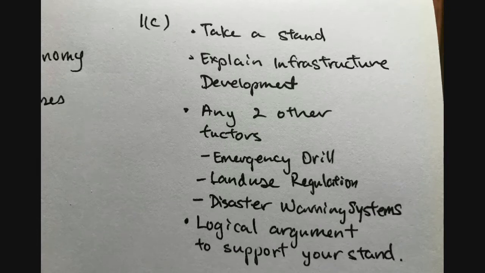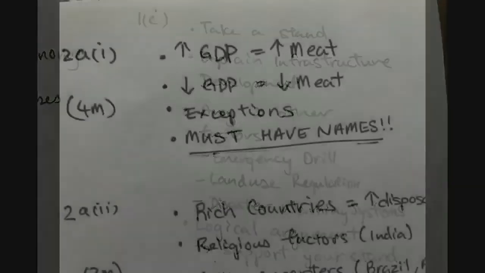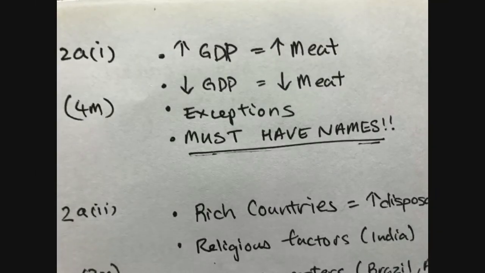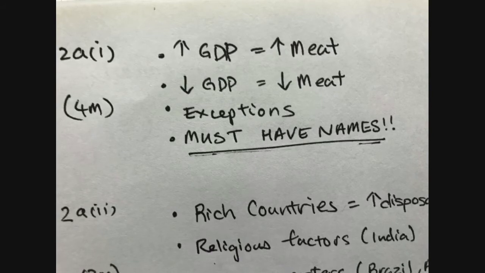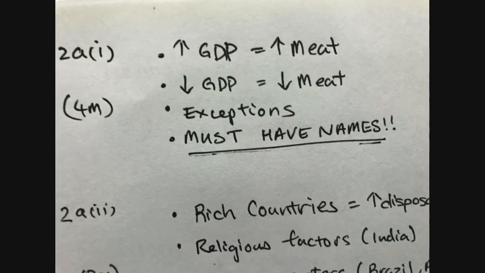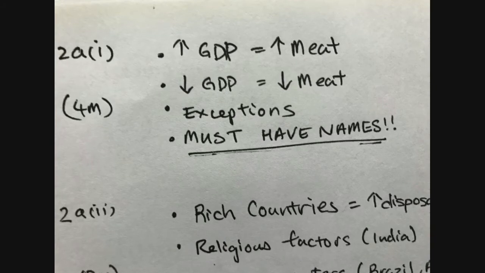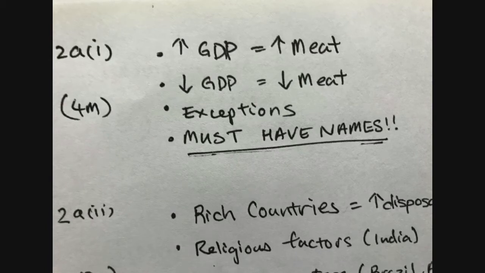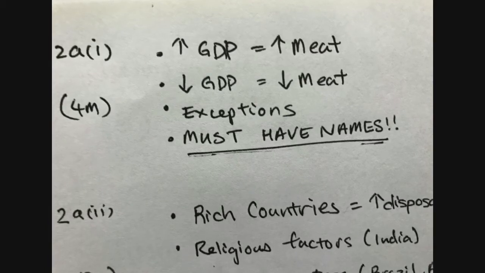Similarly, if you don't provide a conclusion, you will be stuck at the maximum of L2 5. For question 2a part 1, we refer you to the graph that is given. You need to highlight certain things. Number 1, increase in GDP shows an increase in meat consumption. Number 2, a decrease in GDP shows a corresponding decrease in meat consumption.